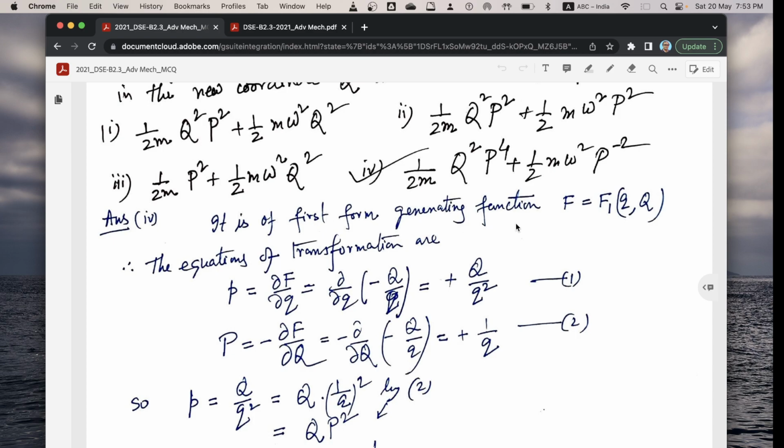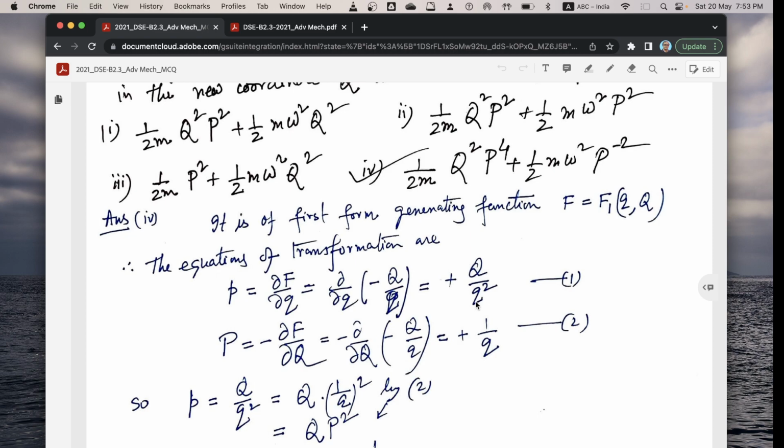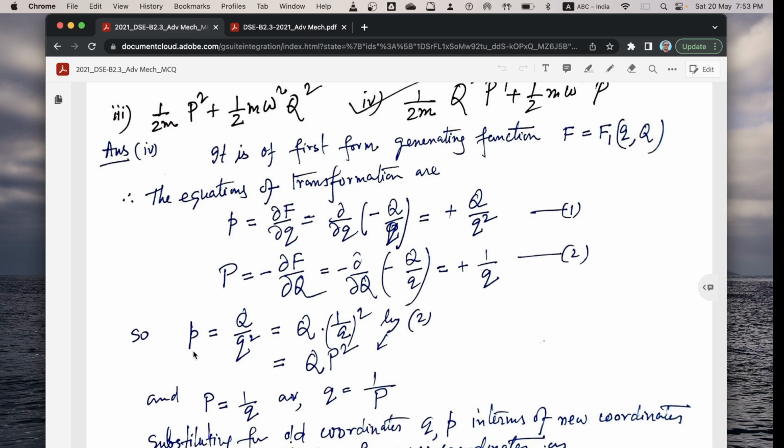So the first form of the generating function, this F1(q, Q), the equations of transformation are: small p equals ∂F/∂q, which equals capital Q by small q squared, and capital P equals minus ∂F/∂Q, that is equal to plus 1 by q. So small p equals capital Q by small q squared, that is, 1 by small q means capital P.